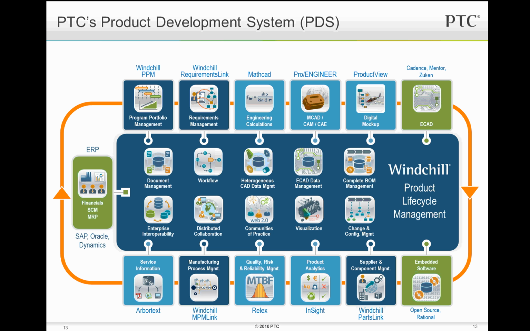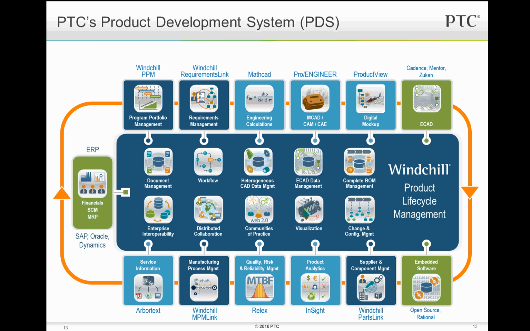And as you can see on the slide, the Windchill is displayed in the middle of the slide together with the modules which are included in the Windchill. The other boxes represent with a dark blue color additional Windchill modules, which you can use together with Windchill.